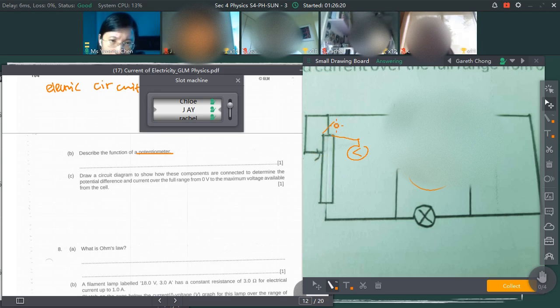This part of the wire shouldn't be there. Gareth, you may want to try again. I think this is not really correct.